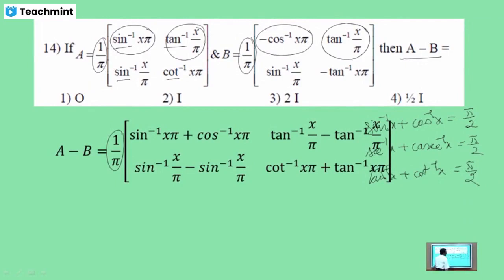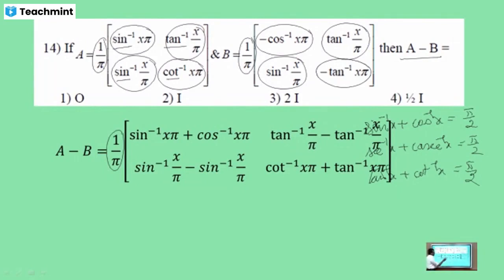Third element, sin inverse x by pi minus sin inverse x by pi. Second row, first element is that one. Second row, second element, cot inverse x by pi minus tan inverse x by pi is plus tan inverse x by pi.